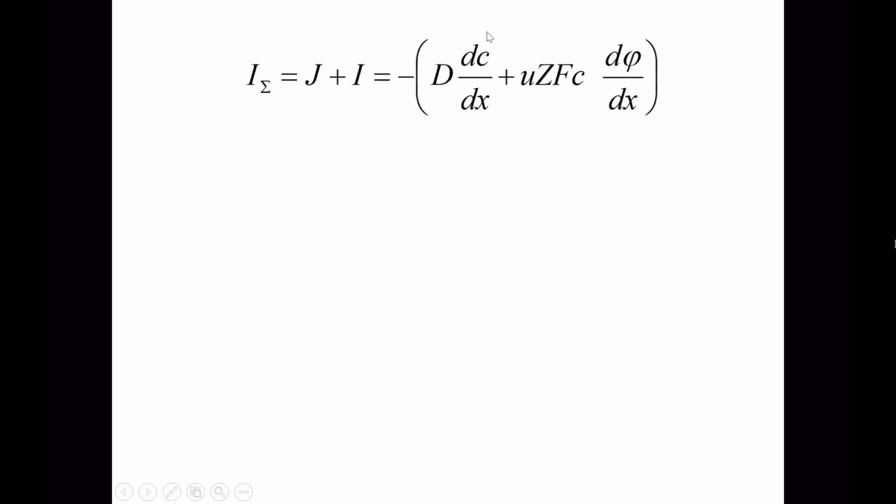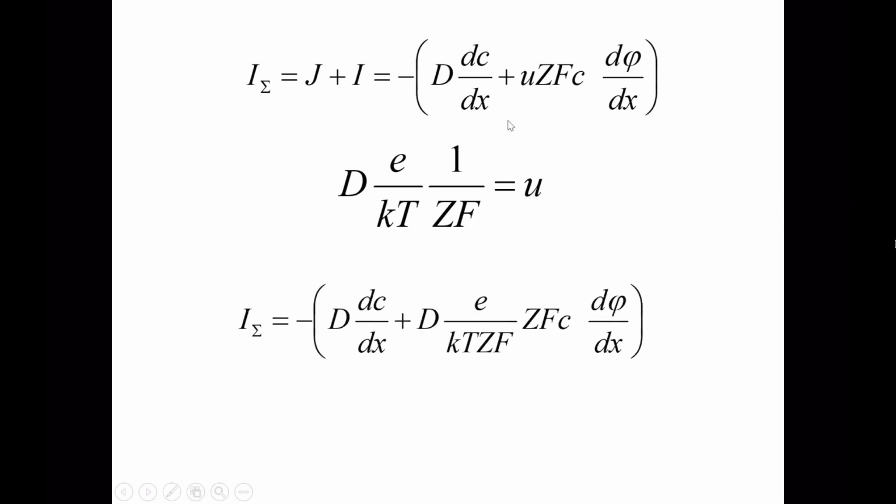This is the diffusion element and this is the electrical transportation. So we know now how the diffusion coefficient connects to U, the mobility. That is why we write the diffusion coefficient or mobility here. For instance, this is the mobility. We write this one here, and we have this result. So this is the total flow.